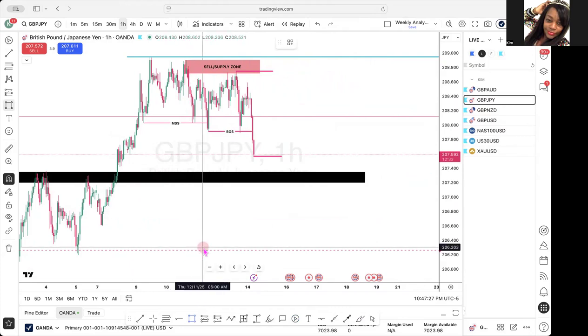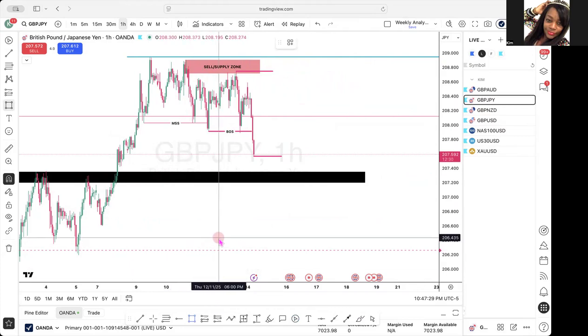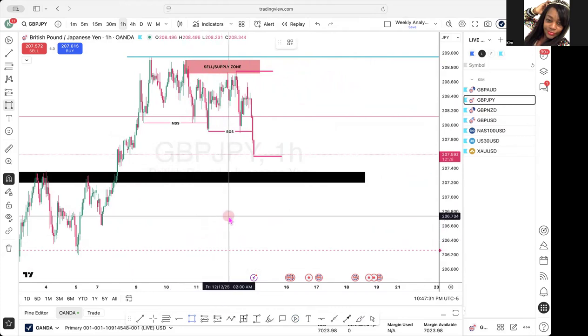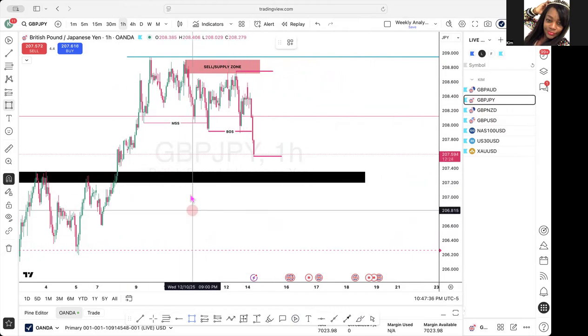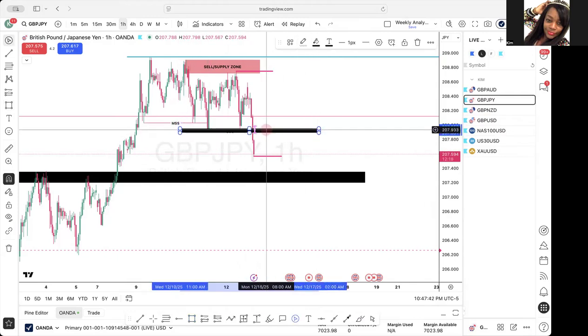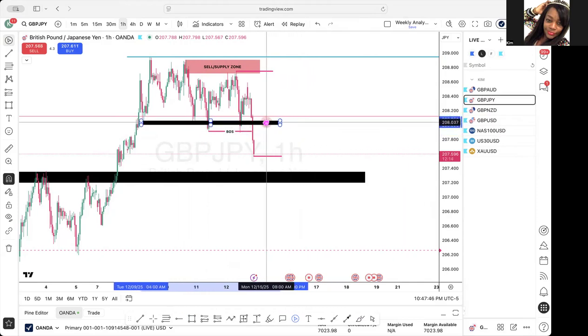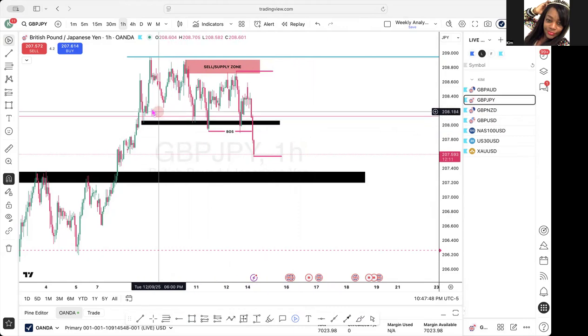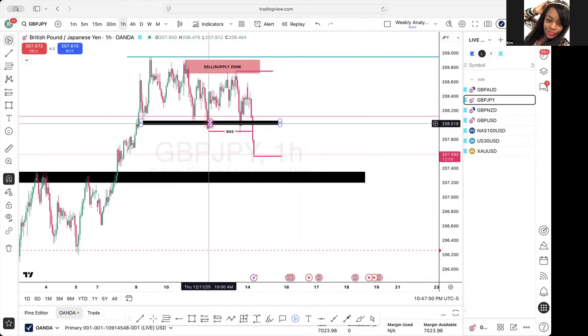going to give you a pullback to, now here's a little key level here, or I'm just going to put it right here. Support, support, support.